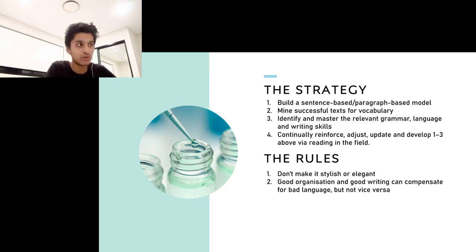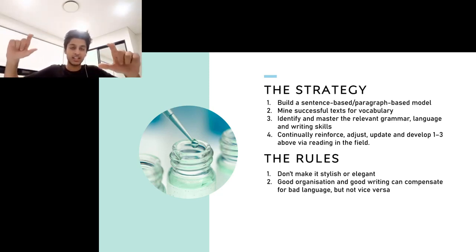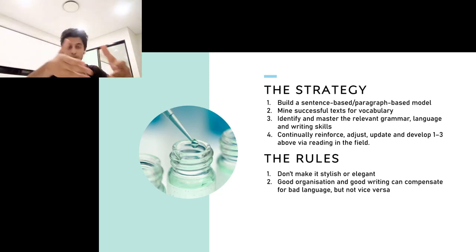Good organization and good writing can compensate for bad language, but error-free language does not compensate for poor organization or poor writing. When you have good organization and good writing, the reader can clearly identify what's going on and what important piece of information is where.